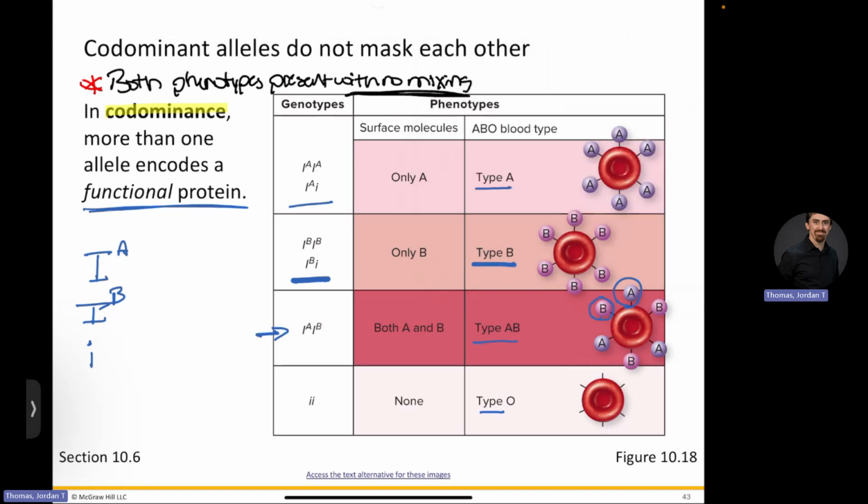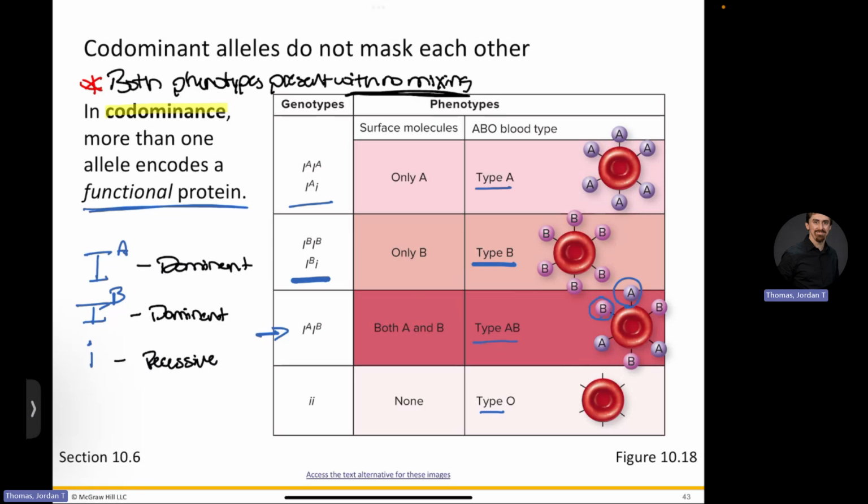So with this, we know big I, big A is a dominant allele because it's masking little I, recessive. But big I, big B is also dominant.